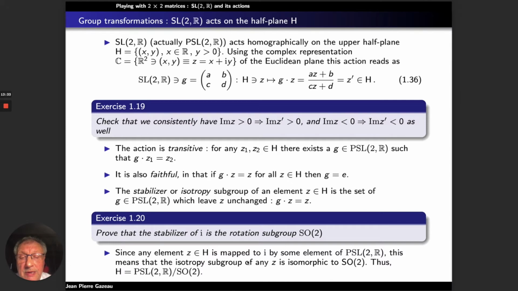Since any element Z of the upper half plane is mapped to i by some element of PSL2R, this means that the isotropy subgroup of any Z is isomorphic to SO2. Thus, we can consider the upper half plane as a left coset of the group PSL2R by the subgroup SO2.